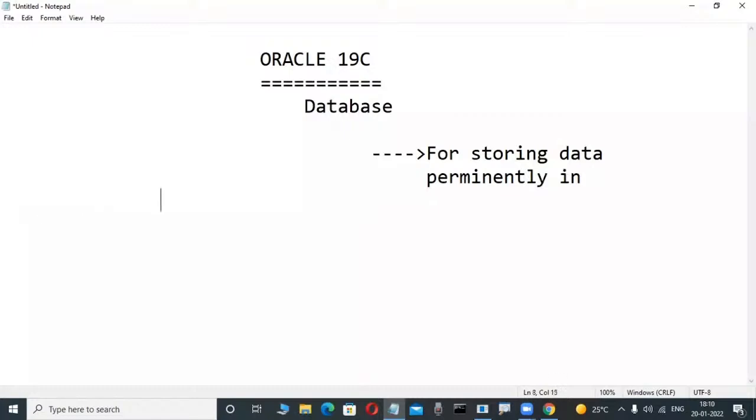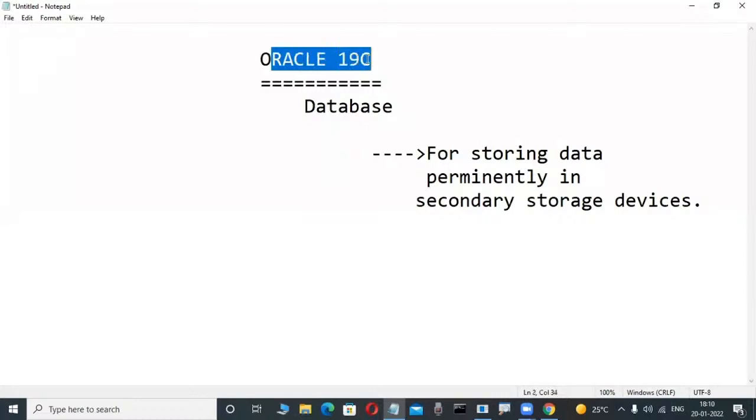Secondary storage devices means maybe a hard disk. Suppose today we store data, after 5 years, 10 years, 20 years, even 100 years, your data is still available and you are using it.